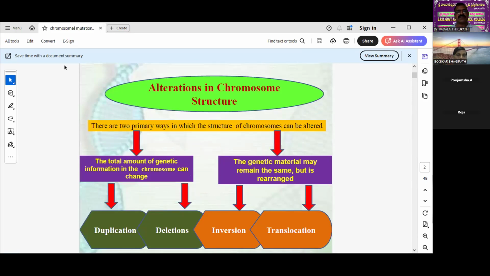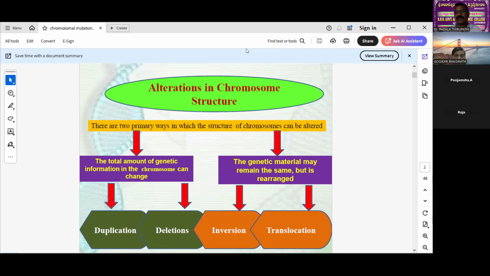So sir has clearly explained about the chromosomal aberrations, numerical aberrations, and the structural changes. Which type of chromosomal aberrations we observe, sir has clearly explained, including the examples also.